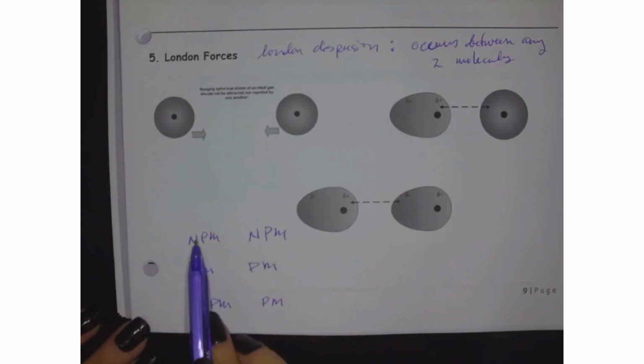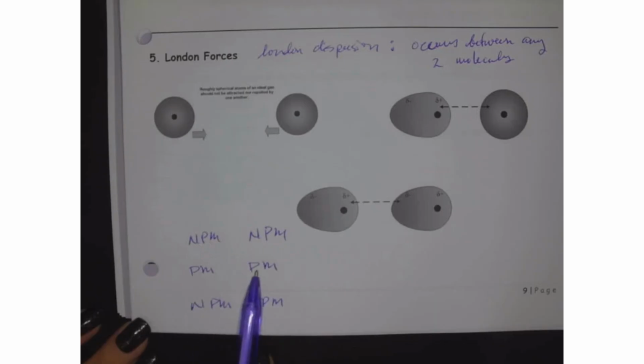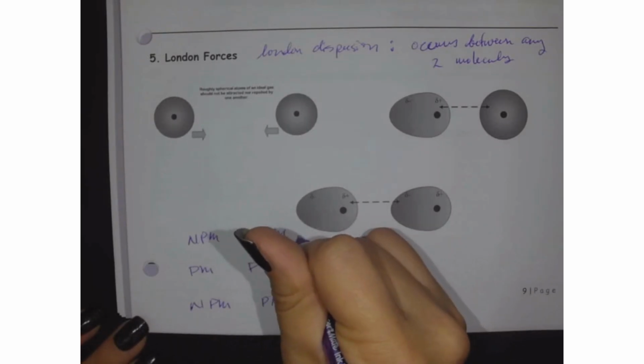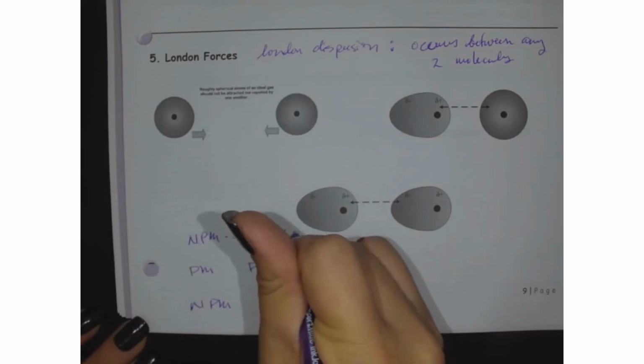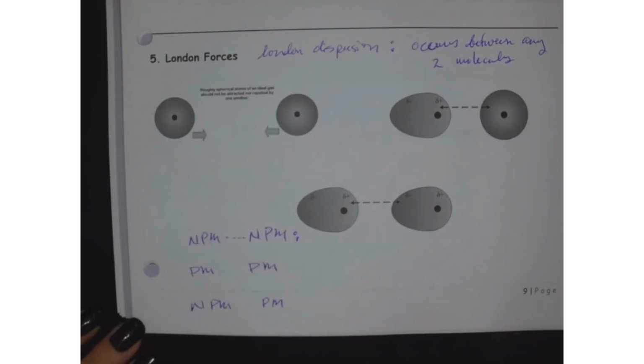Now, reminder, we like to give the nonpolar molecules the label of induced dipole, and we like to give the polar molecules the label of dipole. And so, is there an attraction between two nonpolar molecules? Yes. If there's two molecules, there is an IMF attraction between them. And for all of these, it's going to be London dispersion.